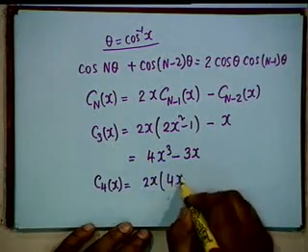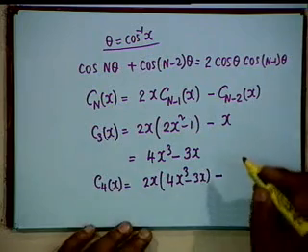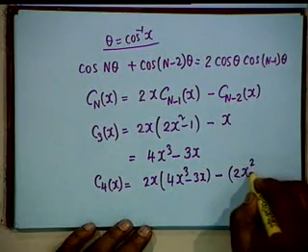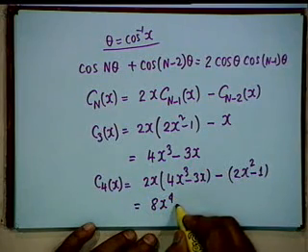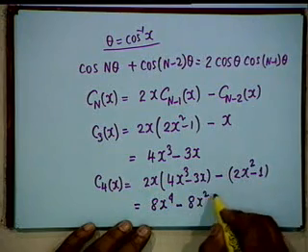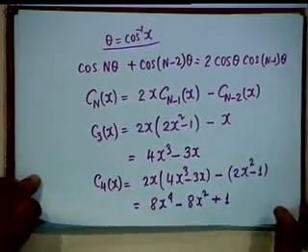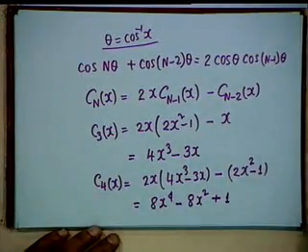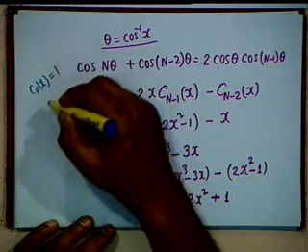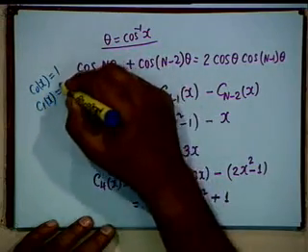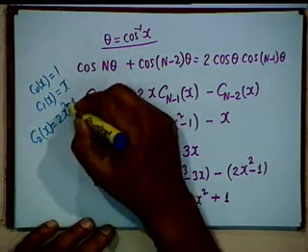Twice x times 4x cubed minus 3x, minus C2 of x, so 2x squared minus 1, that is equal to 8x to the 4 minus 8x squared plus 1. Agreed. Now, if you collect this, all that you require now is C0 of x was 1, C1 of x was equal to x, and C2 of x was equal to twice x squared minus 1.